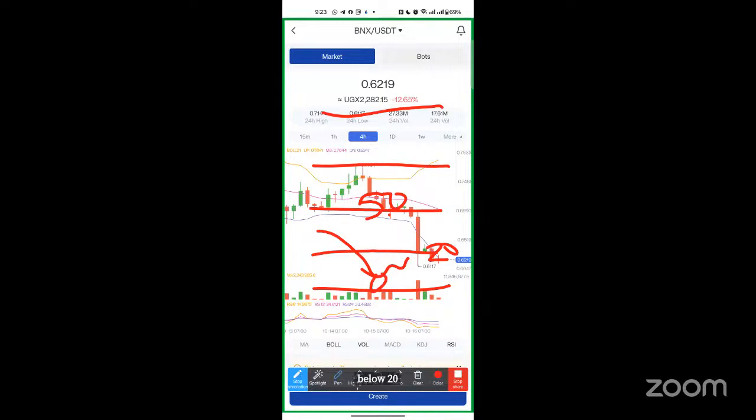So the RSI of 6 is in the oversold area. But the RSI of 12, which is at 24 around here, and the RSI of 24, which is at 33, is not in the overbought, is not in the oversold, but is in neutral. It is between 20 and 50.